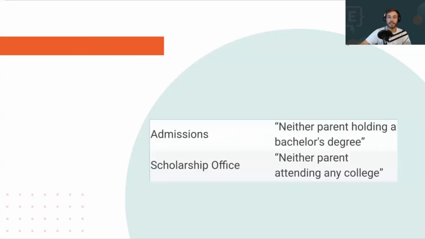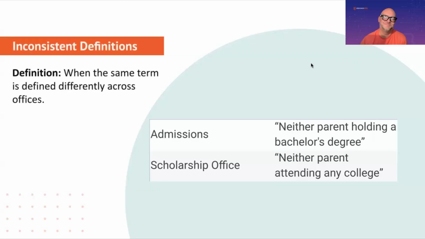Okay, here we go. Here we're seeing definitions. Oh, and I forgot to add my label. I apologize for that. We're seeing definitions for first generation. And that probably gives it away, especially since this is the last slide. What we're seeing on this screen is inconsistent definitions.